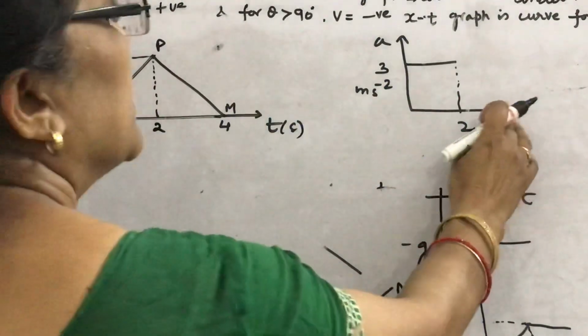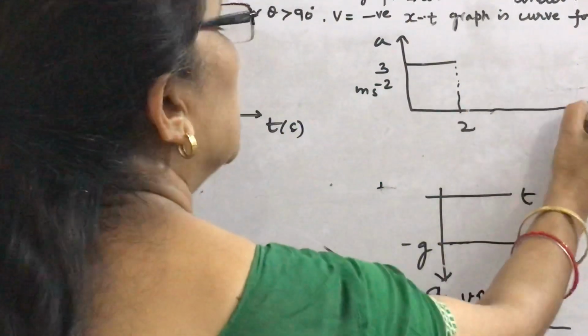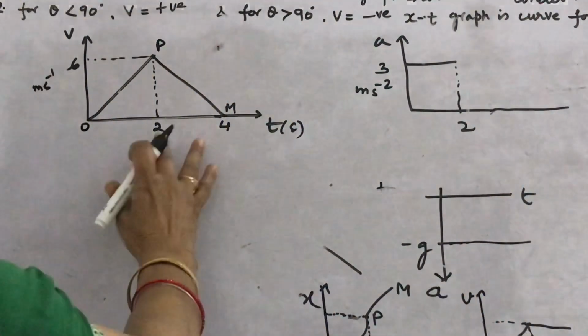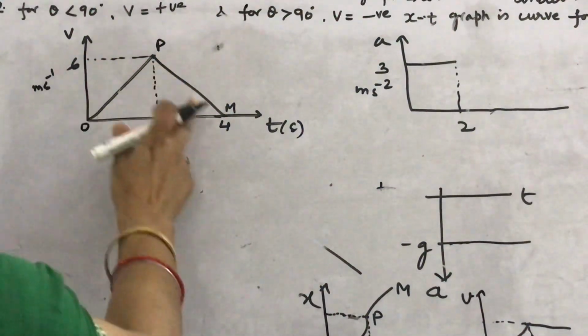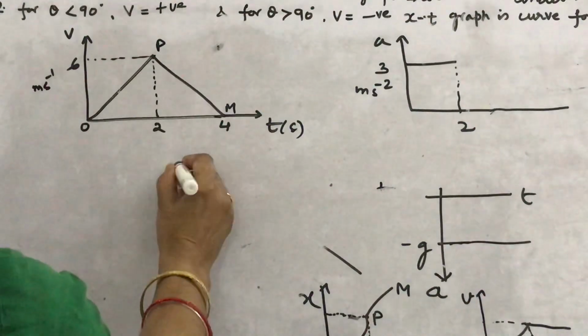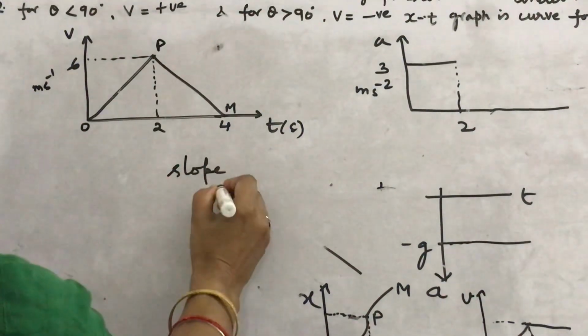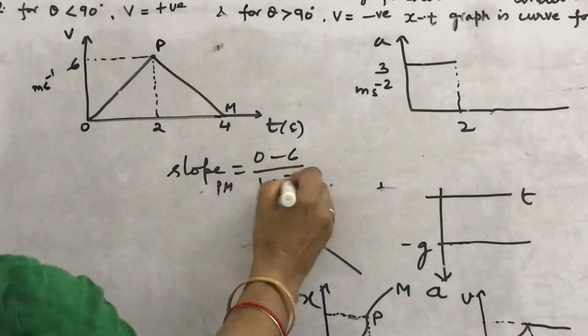Retardation means that if you draw the graph for acceleration, then what will be the change here? The velocity is becoming 6 to 0. How will you find the negative slope? For PM, look, the slope for PM, you will find 0 minus 6 upon 4 minus 2.